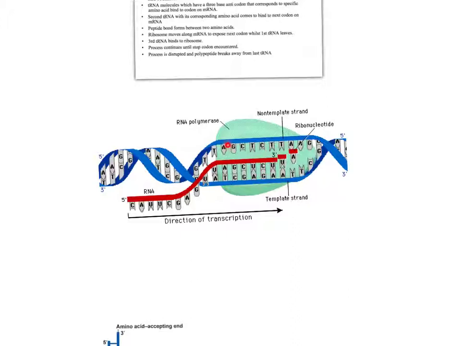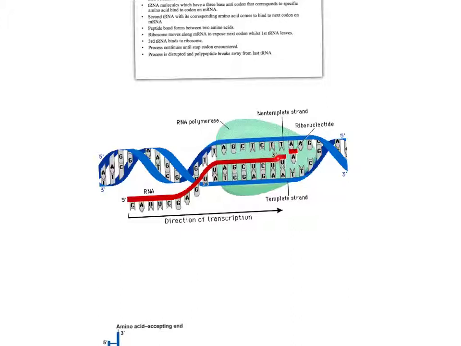And what happens is that ribonucleotides, which are nucleotides of RNA rather than nucleotides of DNA, come in one by one, as you can see them here, and they complementary base pair with what's known as the coding strand. The sugar phosphate backbone on the RNA is then cobbled together, so we end up with a single-stranded molecule of what's known as RNA.